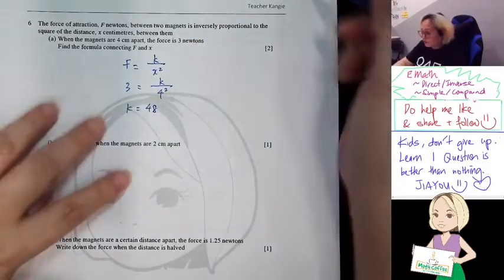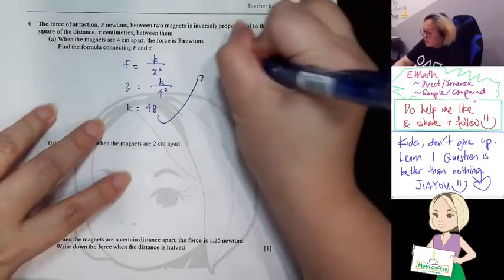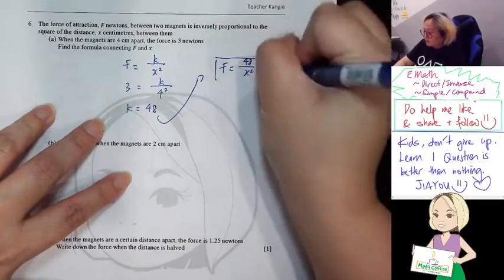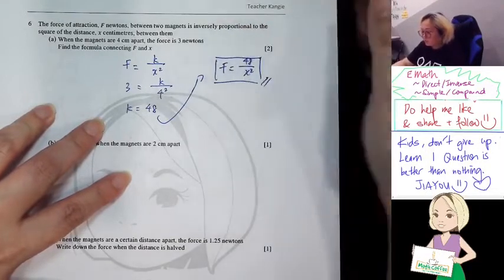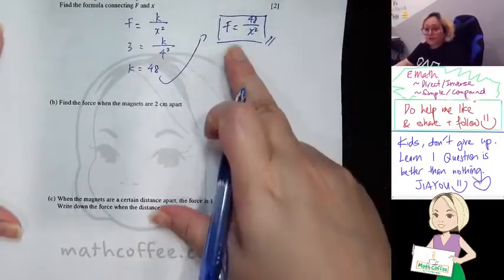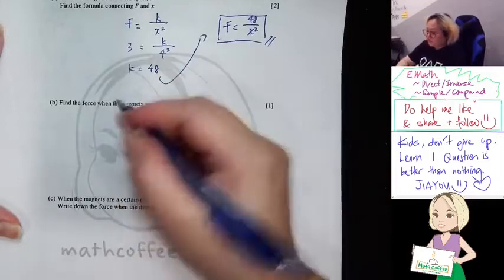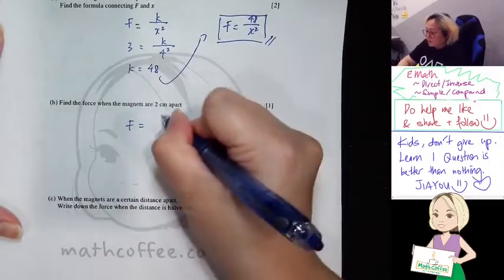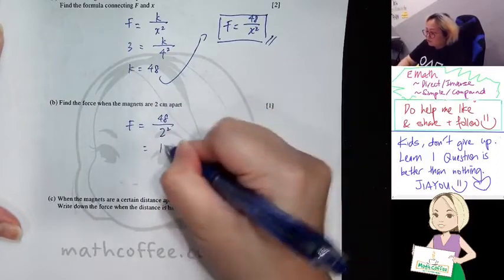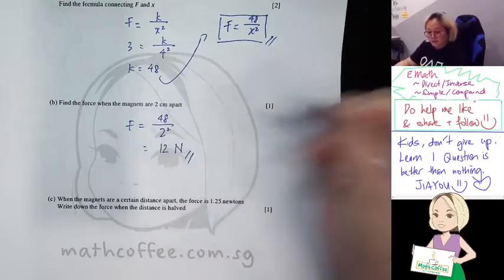The equation will be F is equal to 48 over X squared. Since you already have the equation, this is easy already. Find the force when the distance is 2. 48 divided by 4 is 12 Newton. Done.